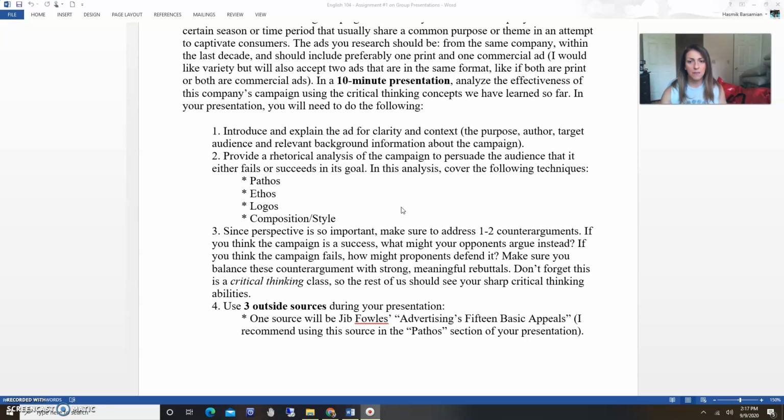Contextualize it. For example, when was this campaign released? Who stars in it? Are there famous celebrities in the campaign? What's the purpose of the campaign? Is this company trying to convince us of an idea? For example, BMW typically sells products, right?